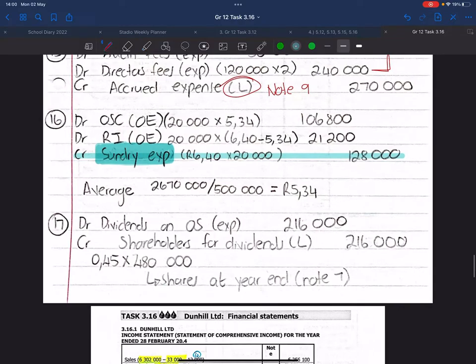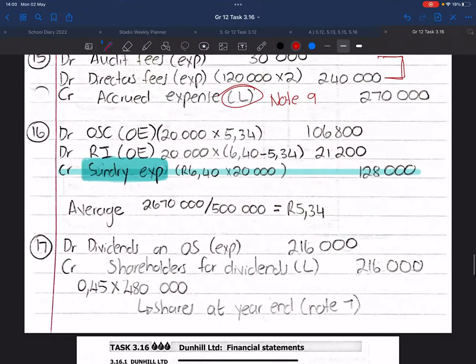Okay, so we credit the sundry expenses with the amount paid to buy back the shares, so it's the number of shares multiplied by the price paid. Then debit ordinary share capital, so you decrease your equity by the number of shares bought back times the average share price.